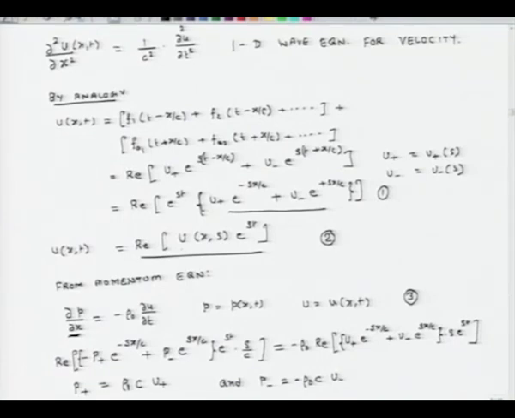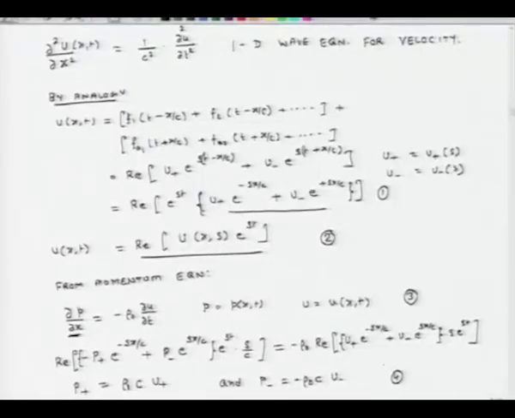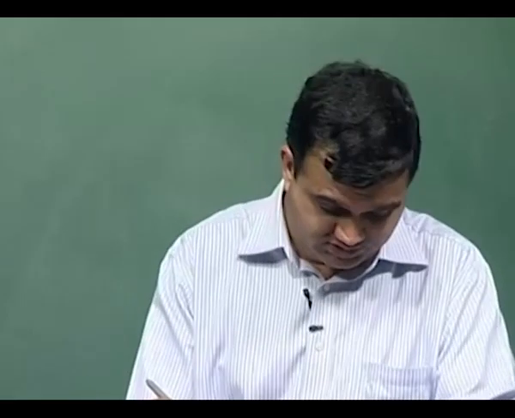So, from this I can calculate u plus in terms of P plus or P plus in terms of u plus, and the same thing I can do with u minus. So, this is my equation number 4. Thus, I can rewrite my transmission line equations in the following form.